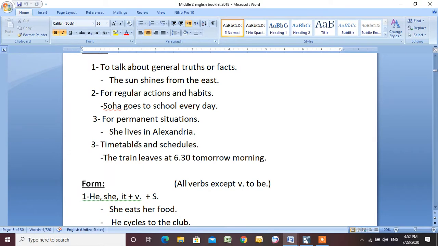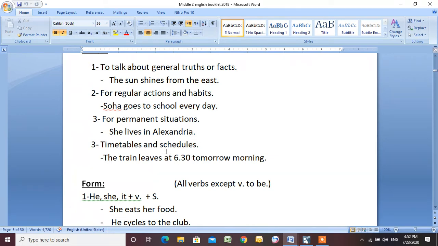Also, we can borrow this tense to talk about the future. But what exactly in the future? We borrow it to talk about timetables and schedules. So, for example, I can say the train leaves at 6:30 tomorrow morning. So, tomorrow morning, it's the future, and it's a timetable or a schedule.